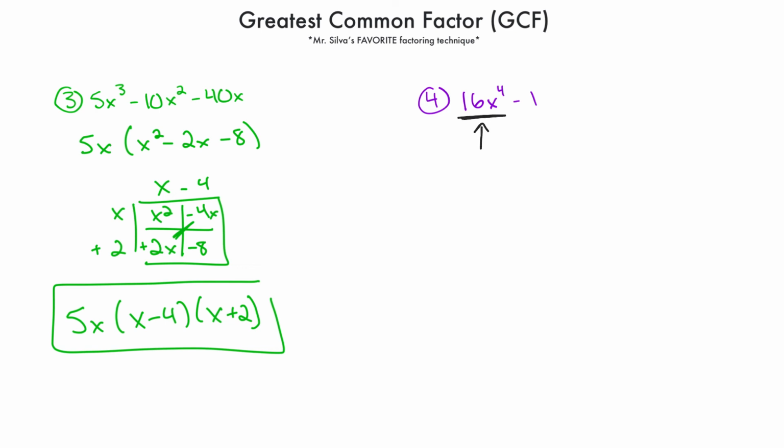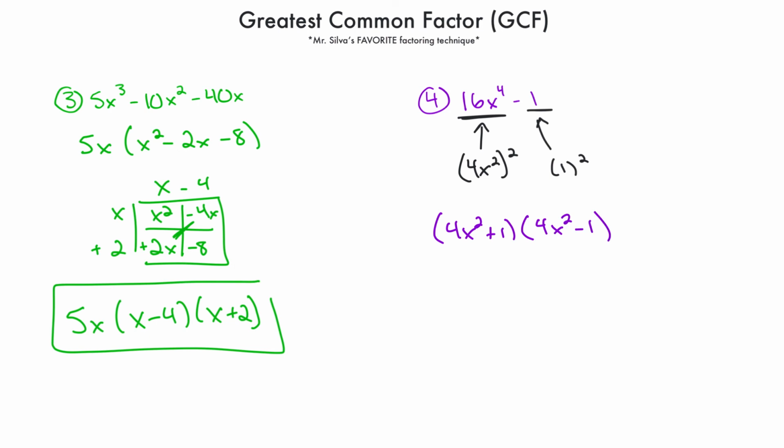This is just 4x squared if you squared it. This is just 1 squared. I should have known that because it's a binomial. That means this just turns into 4x squared plus 1 times 4x squared minus 1.